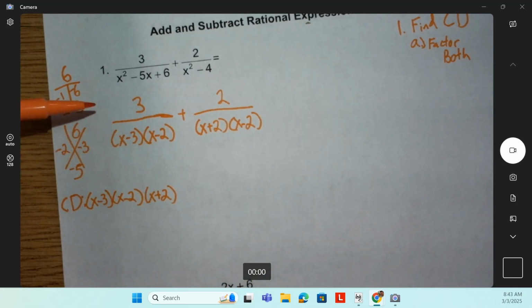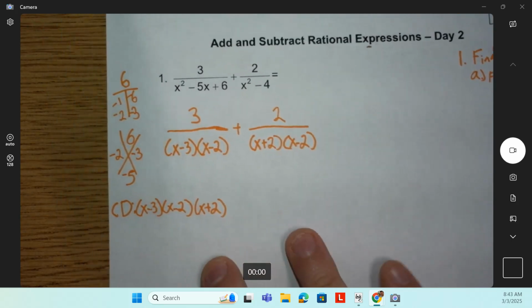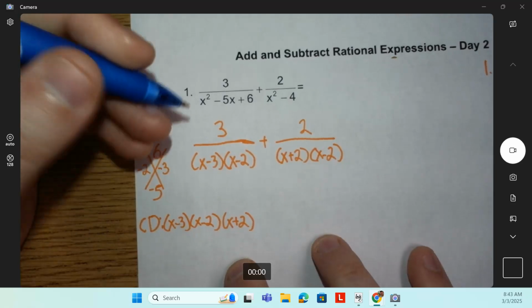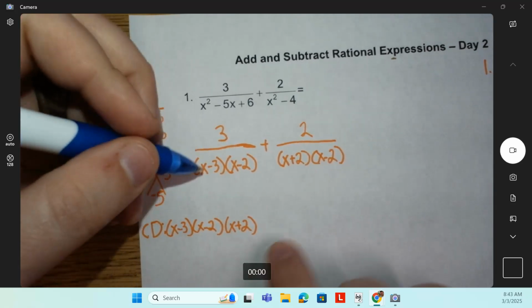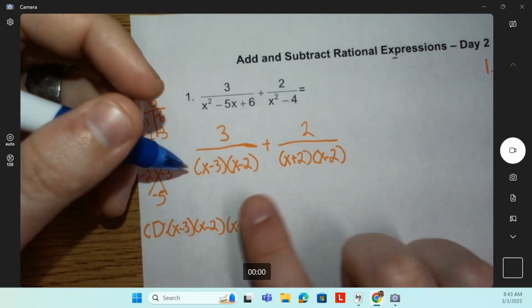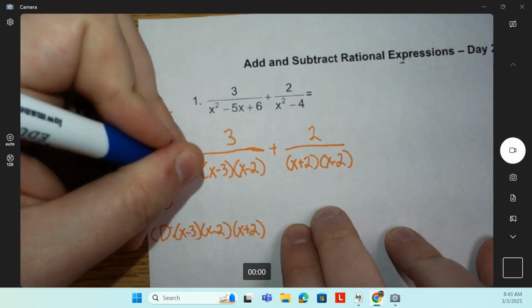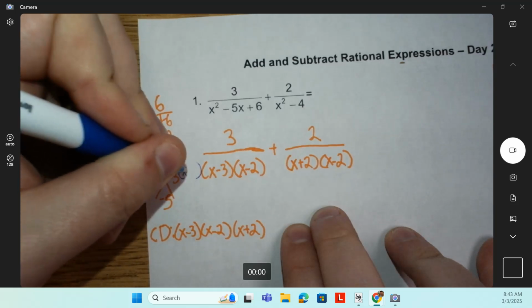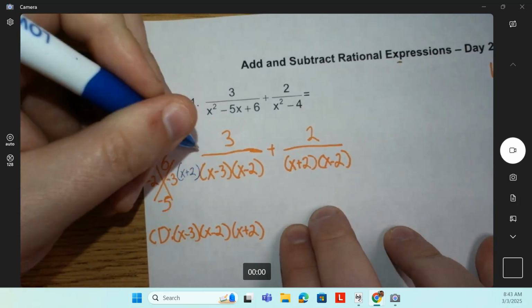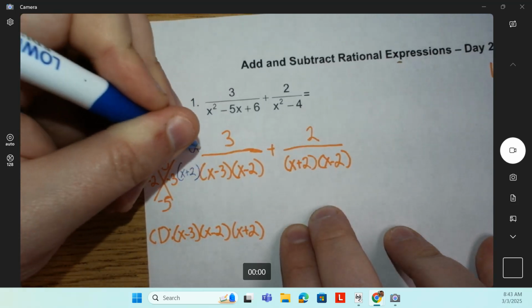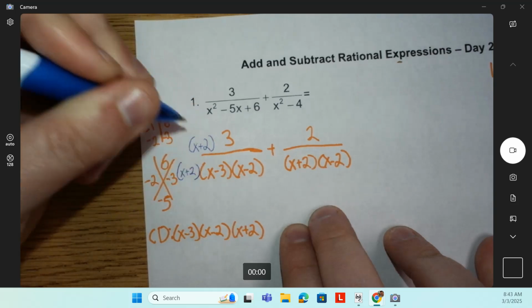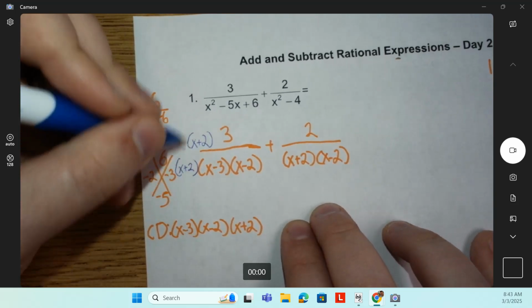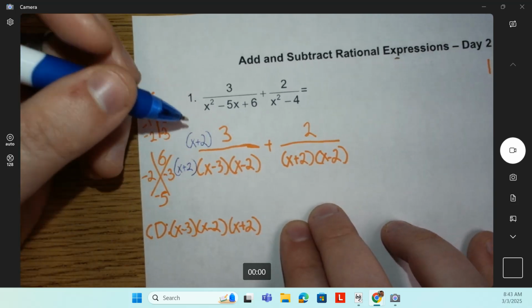They have the x minus 2 in common, but in order to get the bottom of both fractions to be exactly the same, I'm going to need to multiply both by something else. This first one has to multiply by an x plus 2 because it's lacking an x plus 2. Both top and bottom have to be multiplied by that to fit our multiplication rules.